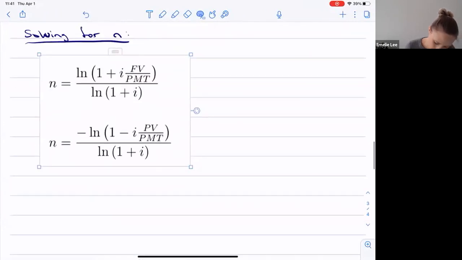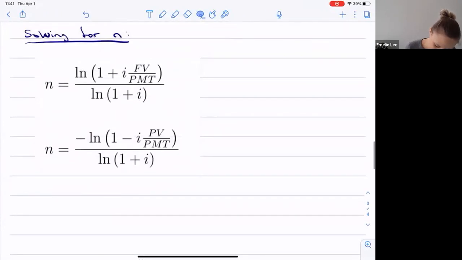I'm going to blow this up because otherwise it's hard to notice the difference. So notice that all the information, I and the PMT, those can be the same regardless of if you know the future value or the present value, right?